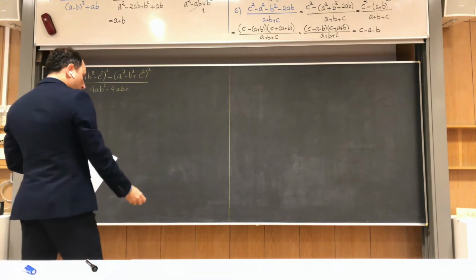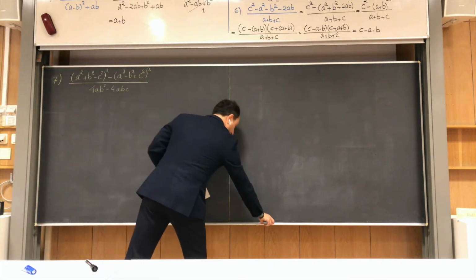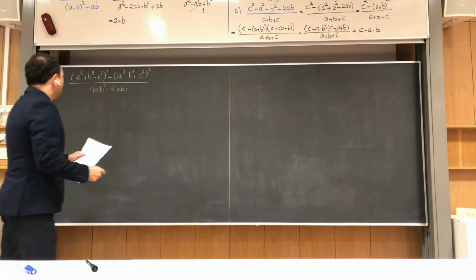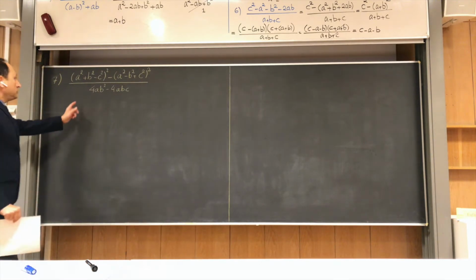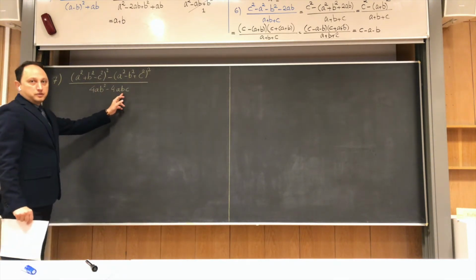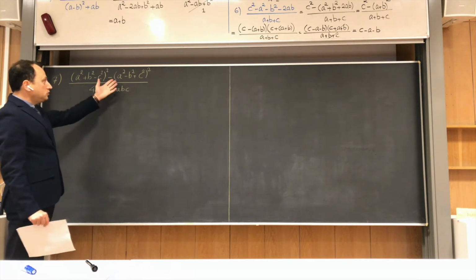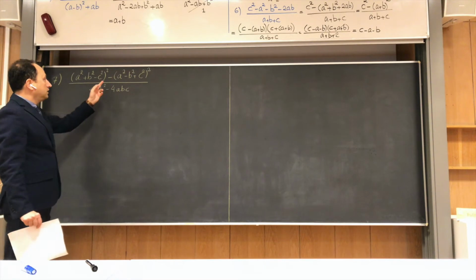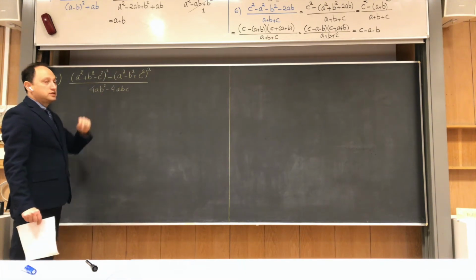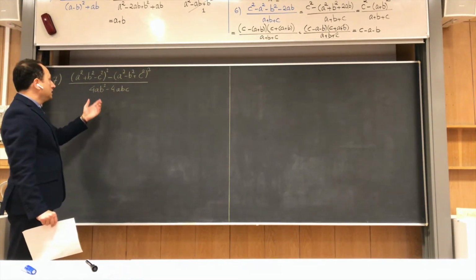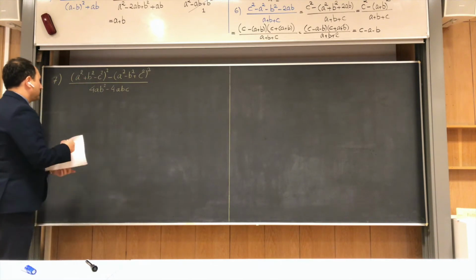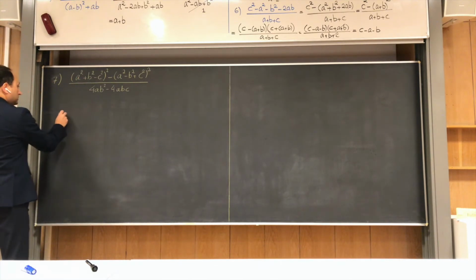Okay, I am supposed to simplify this expression for you. So what can I do? You immediately see the denominator is very simple. You can see 4ab is a common factor, I can pull it out. And the numerator is also very simple for you now, because this is the difference of two complete squares. So what I do, I take the square root of this one, and use the conjugate rule to simplify that.